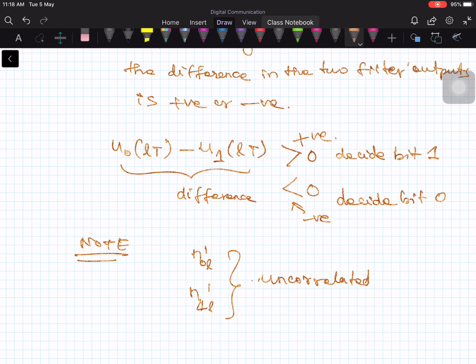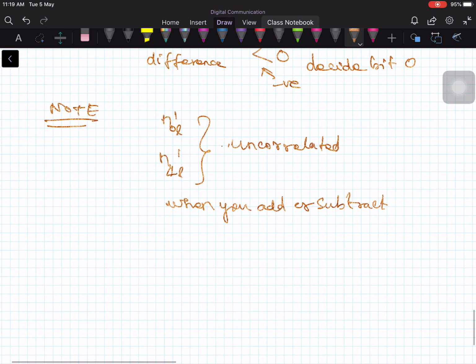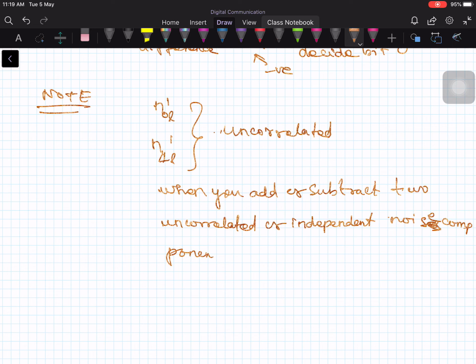Whenever you add or subtract two uncorrelated or independent noise components, the variance will be doubled. This is a result from your random process course.